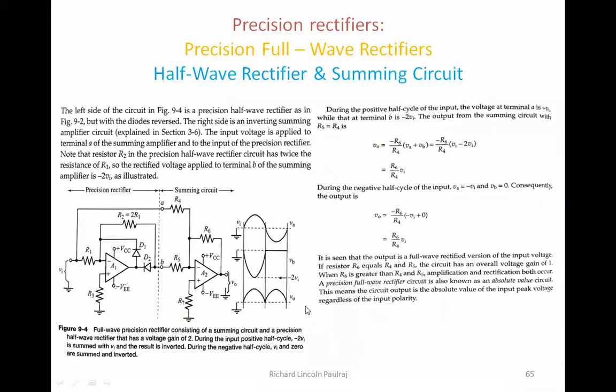Now we will see the half-wave rectification and summing circuit. Here it's a combination of both. Previously we didn't have this kind of D2, but here D2 and D1 are changed in the way that they are connected.